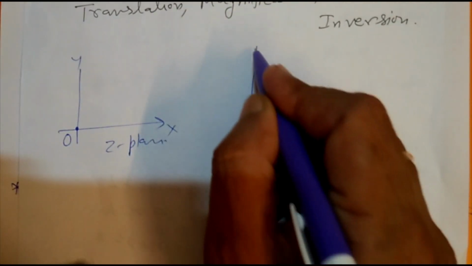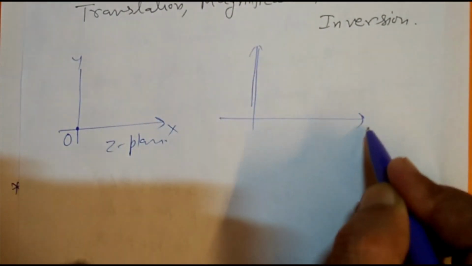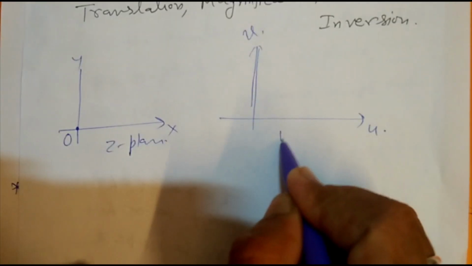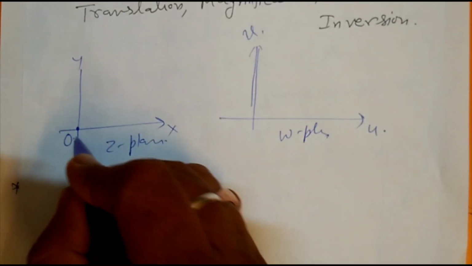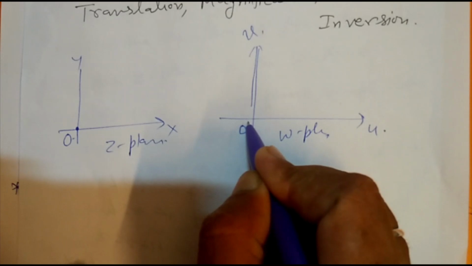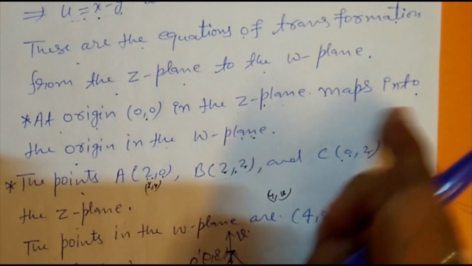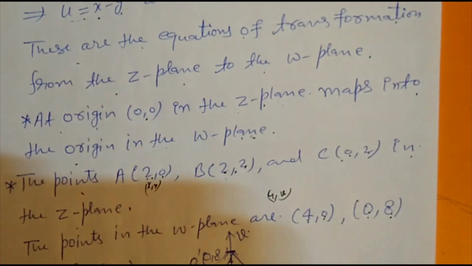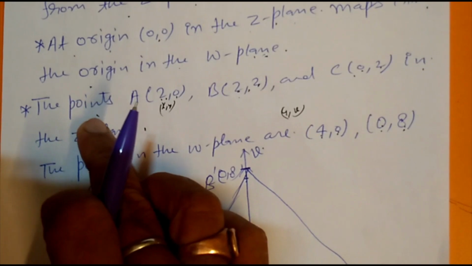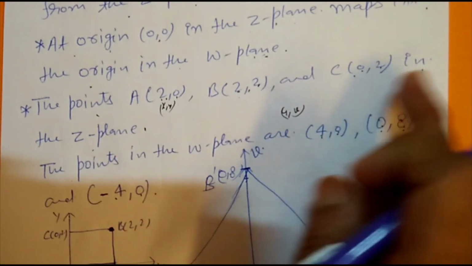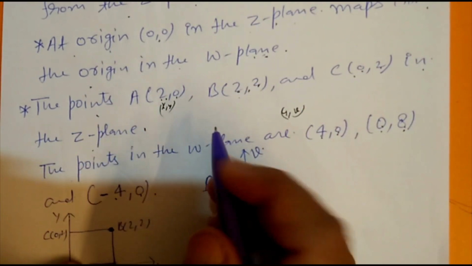In the same way, in the w plane, that is the uv axis, this origin O maps to the origin O'. So the origin (0, 0) in the z plane maps into the origin in the w plane.